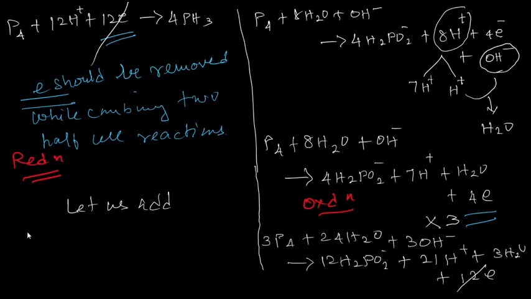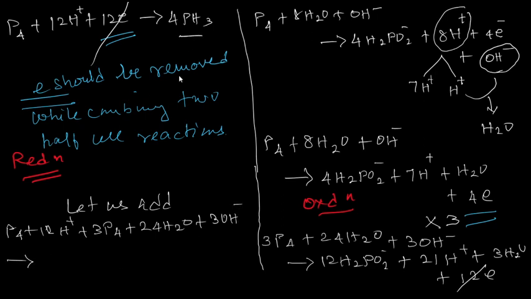So now let's add the reactions. I'm adding the LHS side: P4 plus 12H plus, and 3P4, that is, I am taking the LHS of the oxidation reaction, 3P4 plus 24H2O plus 3OH minus.